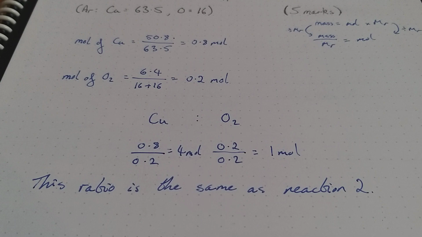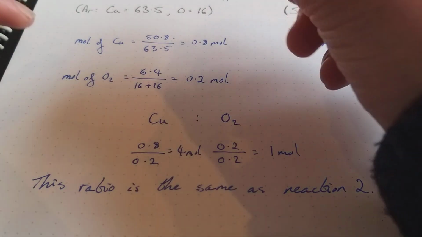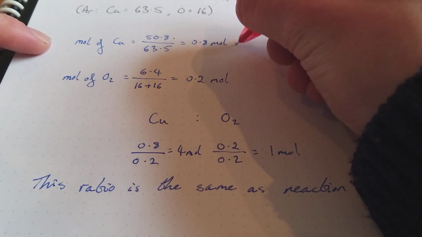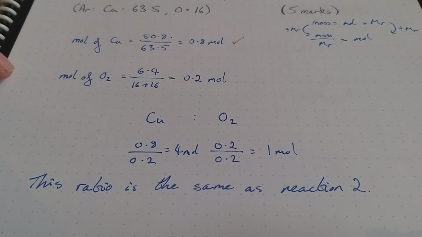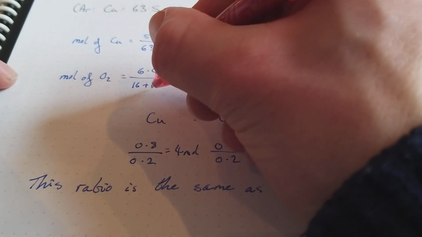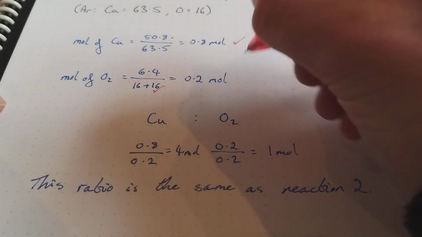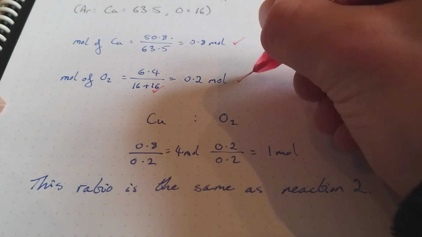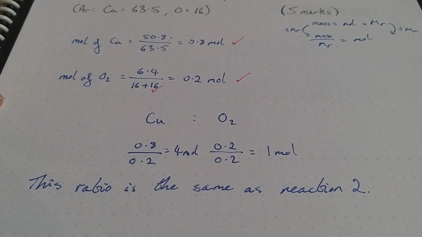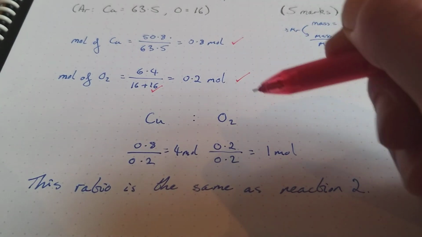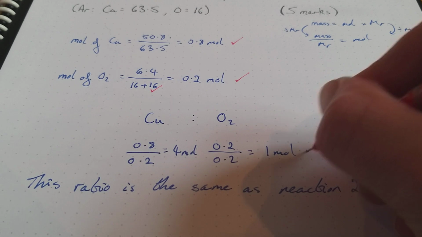Okay, so it's important to have that sentence at the end there to explain your working. So let's just have a look at where you would pick up the 5 marks. You would get 1 mark for calculating the moles of copper. You would get 1 mark for calculating the Mr of oxygen, so 16 plus 16. You would get 1 mark for calculating the moles of oxygen. You would get 1 mark for scaling this up to a whole number ratio, so 4:1 moles.